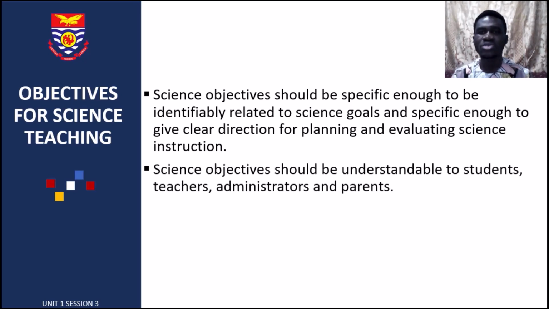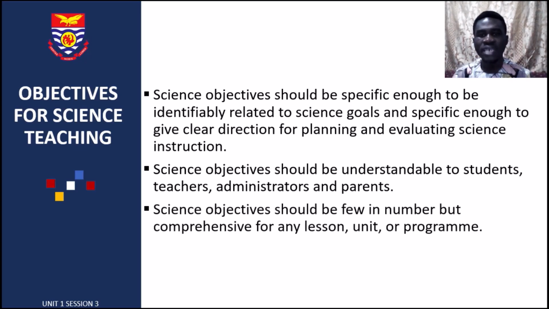And objectives should also be understandable to the students, the teachers, administrators, as well as parents. So all these stakeholders in the education system must understand the objectives of the science instruction. And science objectives should also be few in number, but they should be comprehensive for any lesson, a unit, or program.